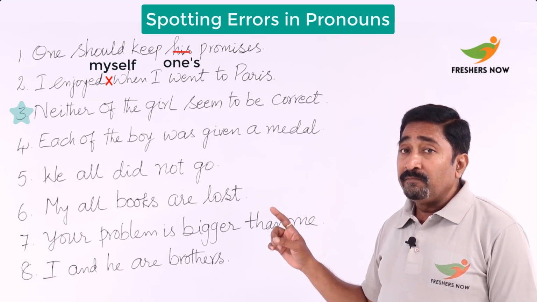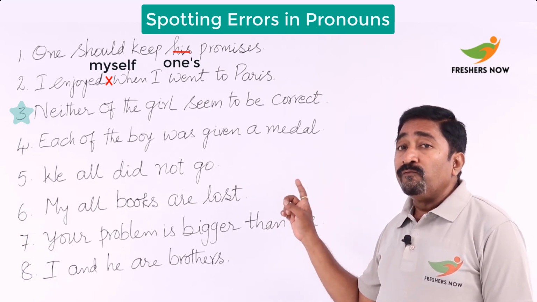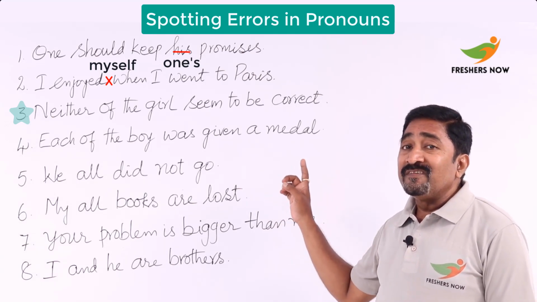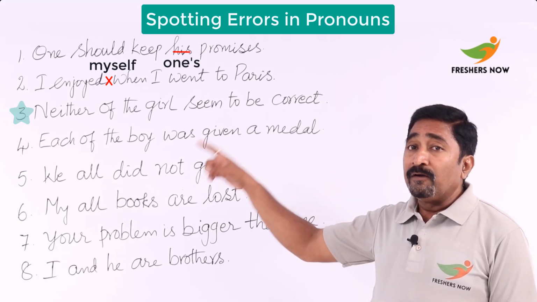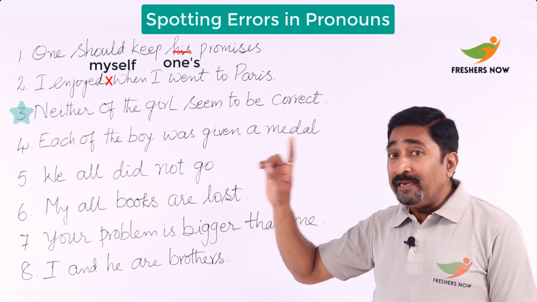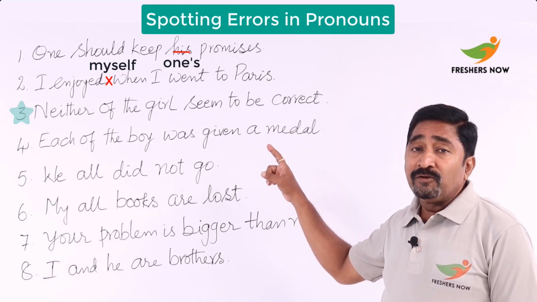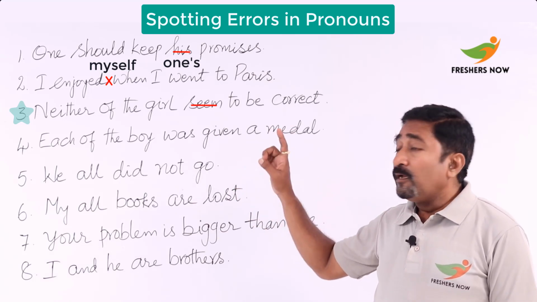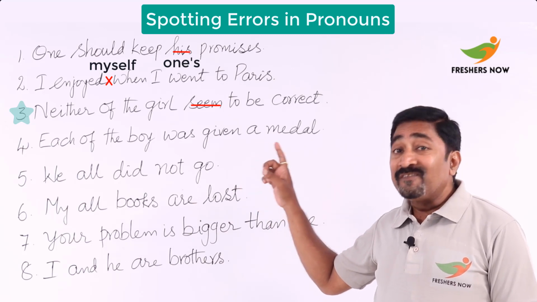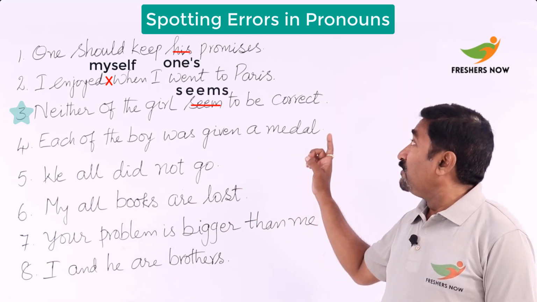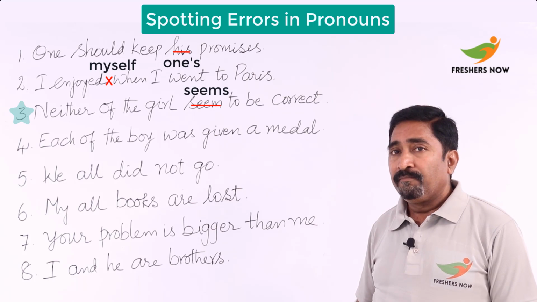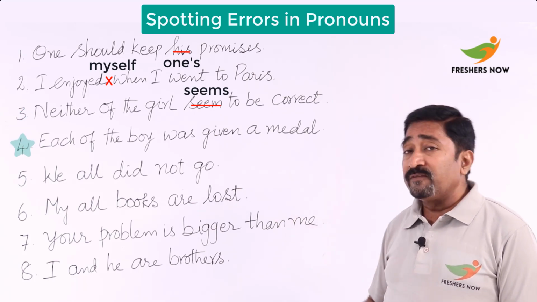At the same time, you should also have a check on the verb. Here it is "seem". And here "neither of" means no girl, so an "s" is to be added to the verb. So it should be: neither of the girls seems to be corrupt. Now let's see the next one.